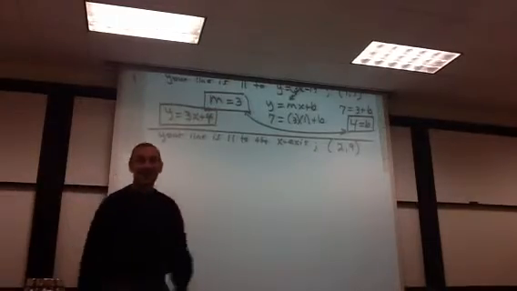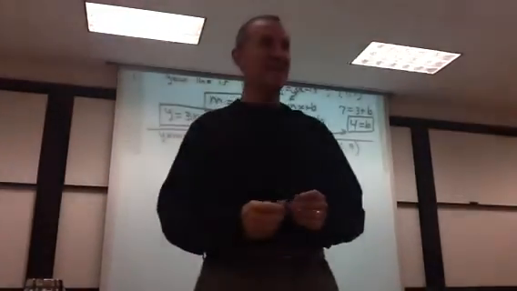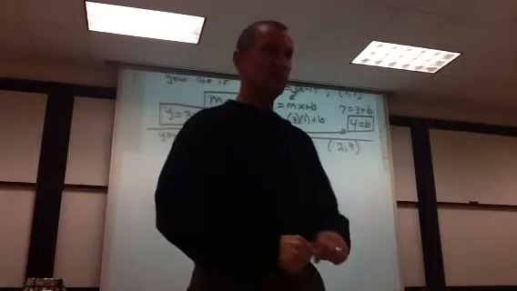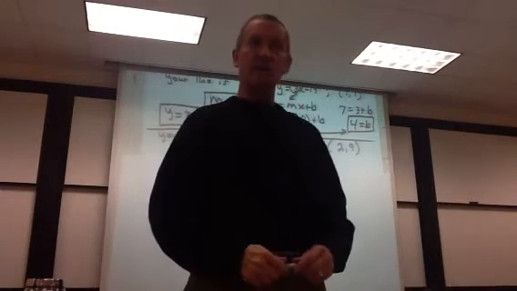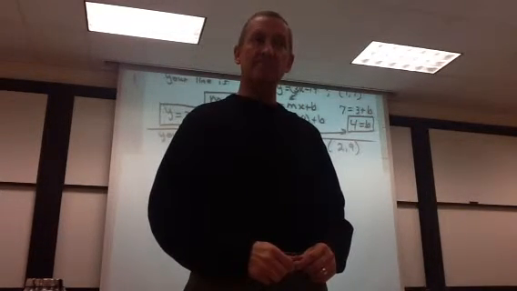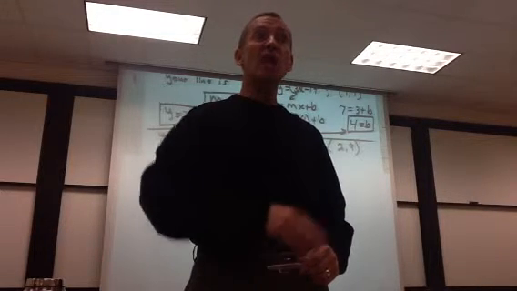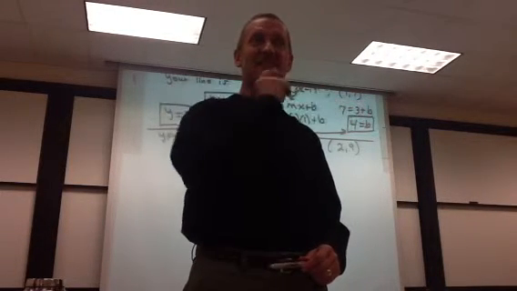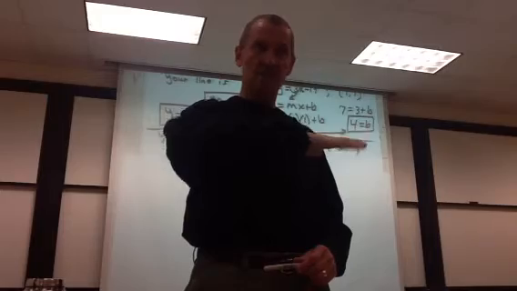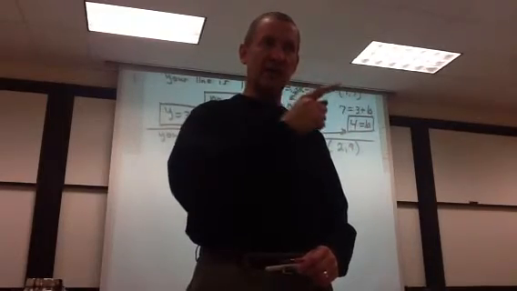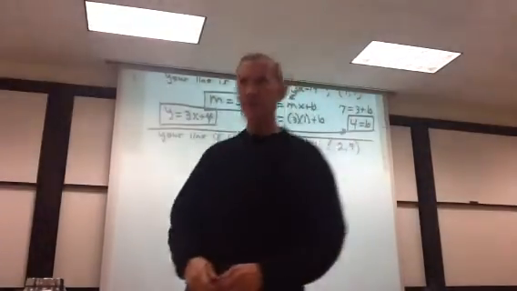Yes, ma'am. That the slope will be undefined? Okay, if it's parallel to the x-axis, what kind of line is it? Horizontal. And look at your notes if you need to. What's it going to be? 0? Very good.